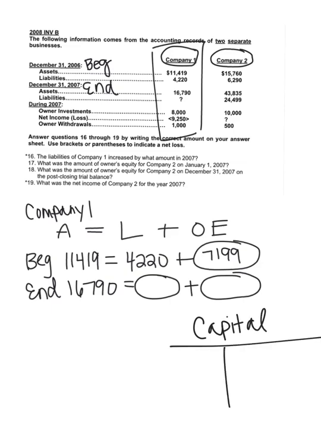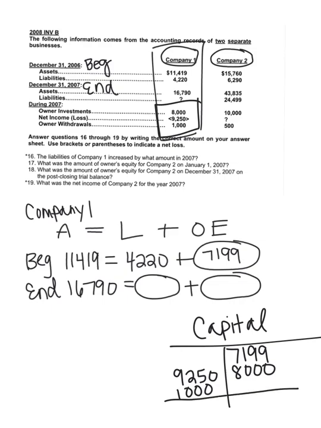We did find that the beginning owner's equity was $7,199. I also know from this last box of information that I invested $8,000, so I need to add that into the beginning balance. I had a net loss, because it's in brackets, of $9,250, and we also withdrew $1,000 from the company as well.